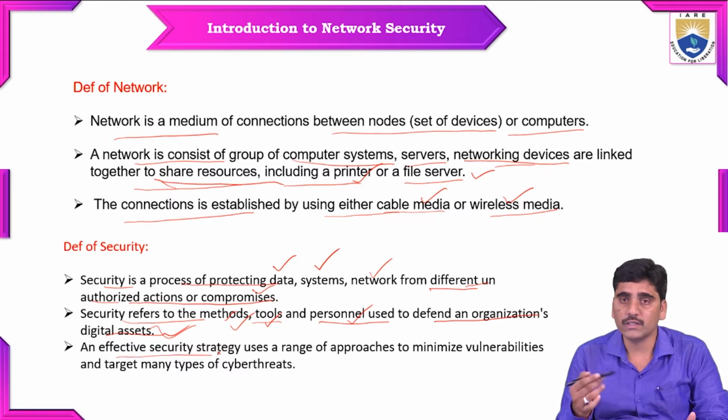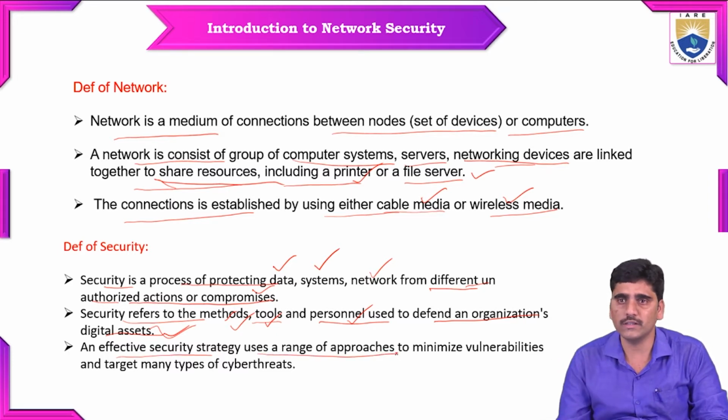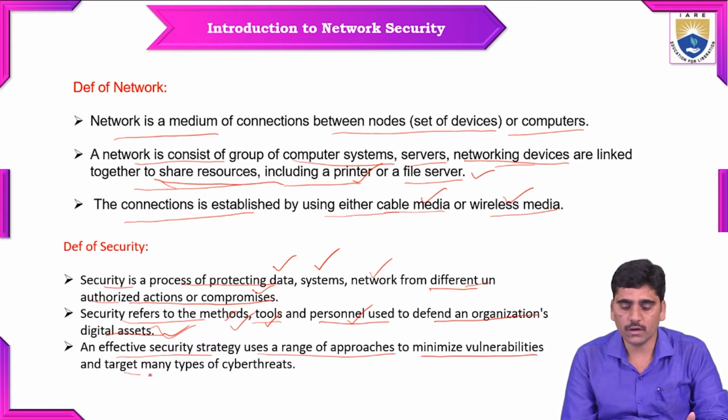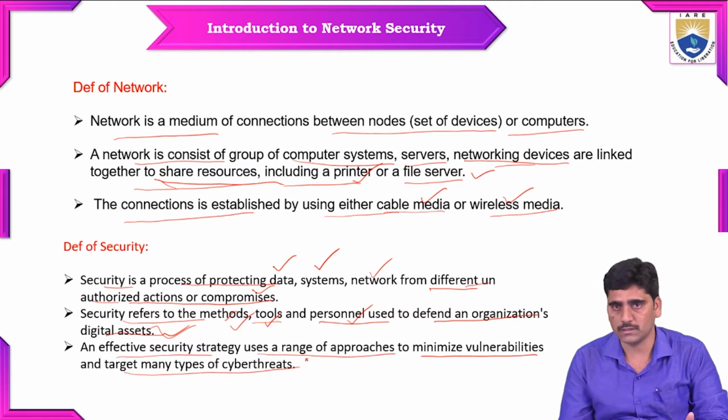An effective security strategy uses a range of approaches to minimize vulnerabilities and target many types of cyber threats. So an effective security strategy is implemented to minimize the vulnerabilities as well as to target many types of cyber threats.